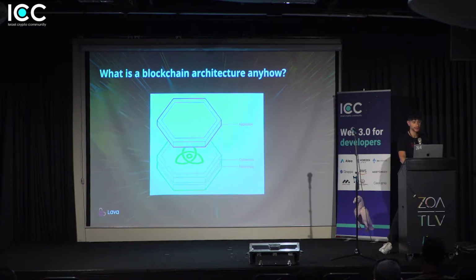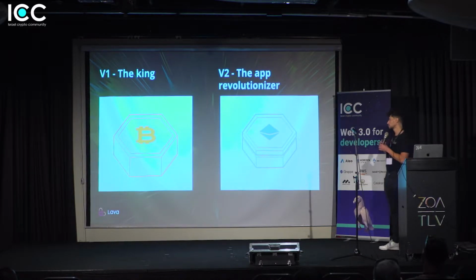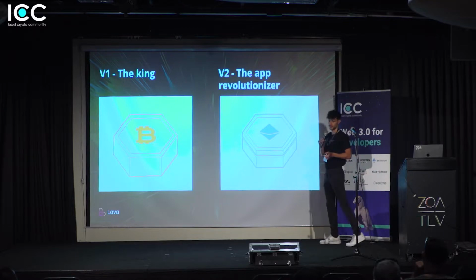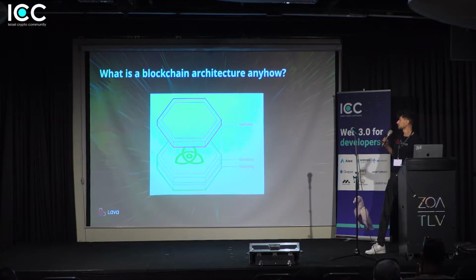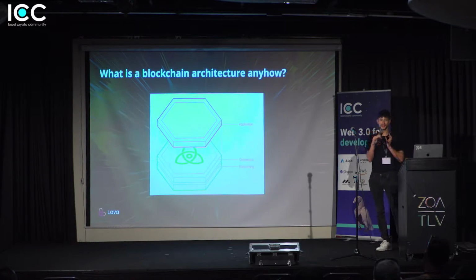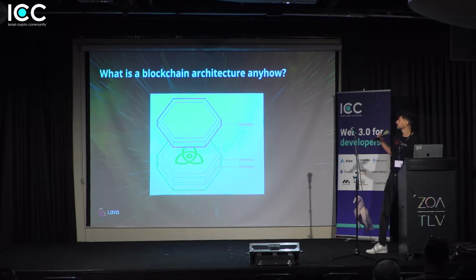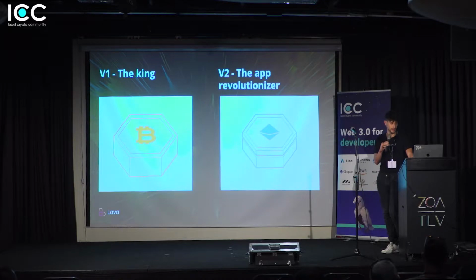So let's see how this is reflected in the world of Bitcoin and Ethereum. Bitcoin is one big mush of all three together. If you want to build on Bitcoin, you can't really do something just on the application layer.